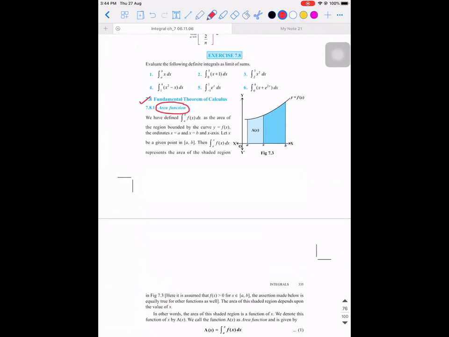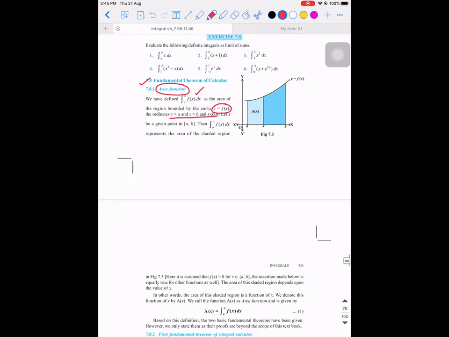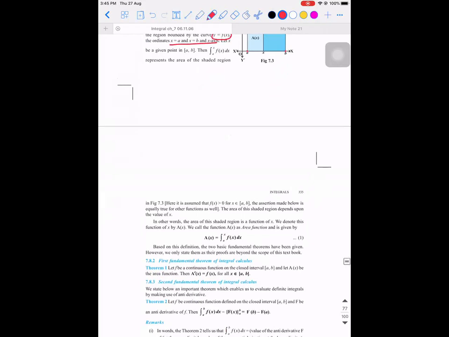The integral of a to b f of x dx is defined as the area of the region bounded by the curve y equals f of x with the x-axis, between the points x equals a and x equals b. This is the important point you need to keep in mind. Then we will see how to find this area. Am I clear till this point? Is there any confusion or doubt? No, sir. Shall I proceed then? Okay.